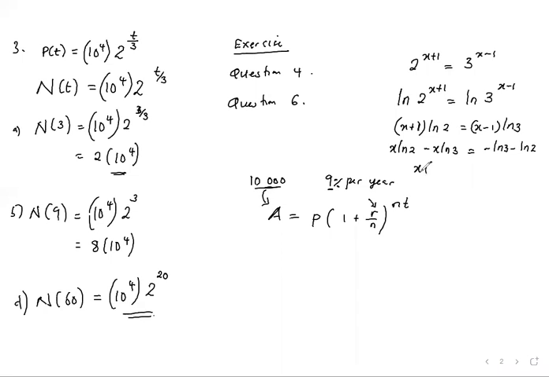Then factor out x: x(ln 2 minus ln 3) is equal to negative ln 3 minus ln 2. So x is equal to ln(1/6) over ln 2 minus ln 3, which is ln(1/6) over ln(2/3).